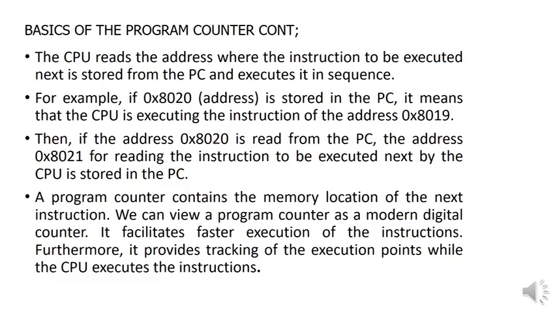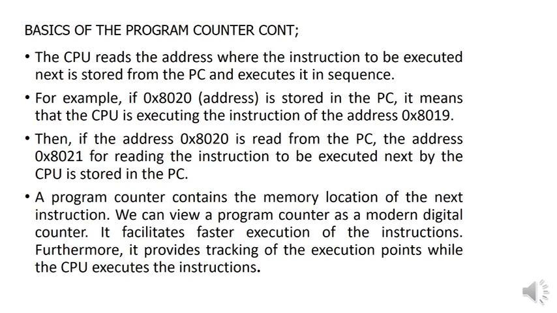The CPU reads the address where the instruction to be executed next is stored from the PC. So, for example, if 0x8020 address is stored in the PC, it means that the CPU is executing the instruction of the address 0x8019.